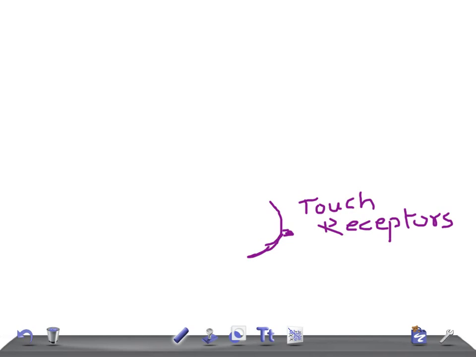When the baby touches or starts sucking, if this is a baby's mouth, I'm not able to draw it very accurately. Okay, when the baby touches, that leads to the stimulation of receptors in the nipple.